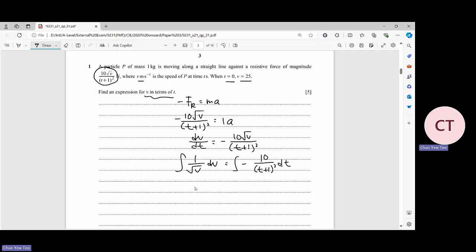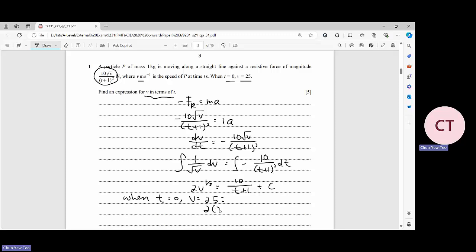Then if you integrate it, you will get 2V to the power half is equal to 10 over (t plus 1) plus c. Just integrate both sides. Then when t equals 0, your V is equal to 25, which is given in the question.